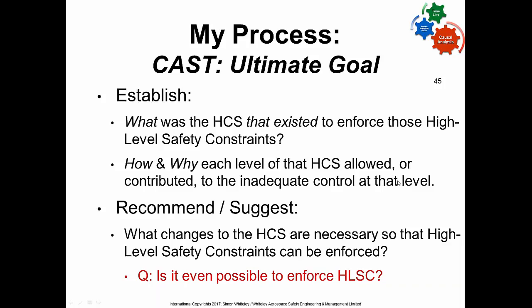What changes are necessary to the control structure that would enable those high-level safety constraints to be enforced? And also bear in mind that real-world systems, when you start to analyze them, it may be that the control structure that you've uncovered may not enforce the safety constraints and may need to have some significant changes, if it can be changed.